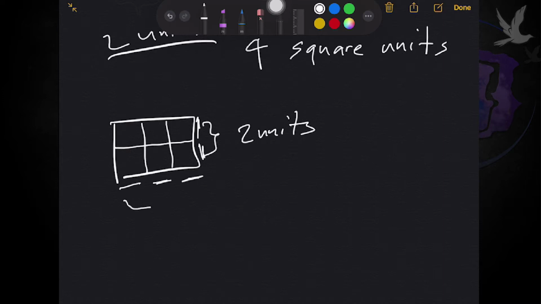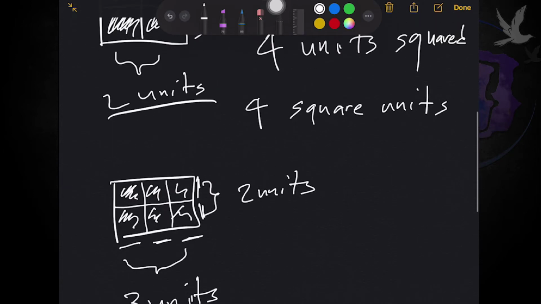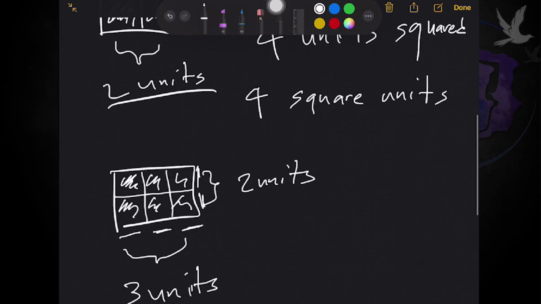So, I'm gonna try to draw the bracket. Okay, as long as you understand. We now have 3 units here. Okay, so, counting the square units inside, we have 1, 2, 3, 4, 5, 6. We can now say that this rectangle over here has 6 units squared.